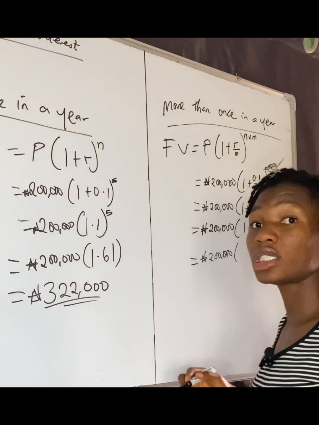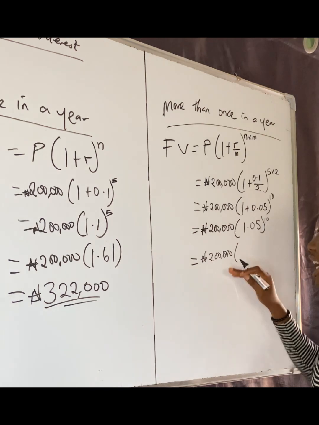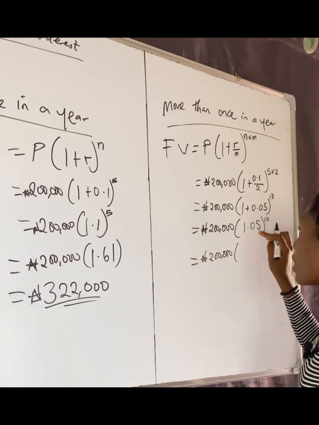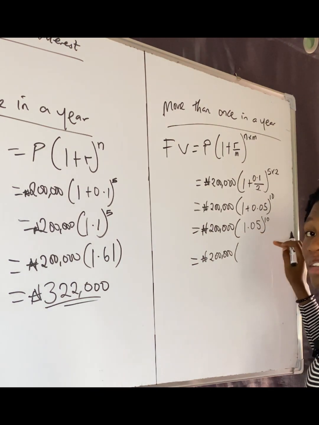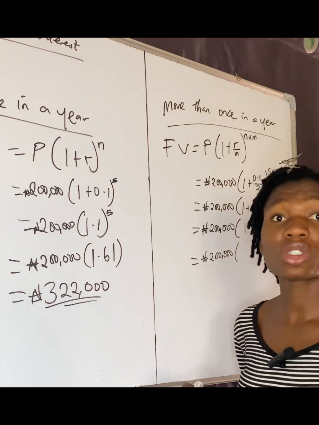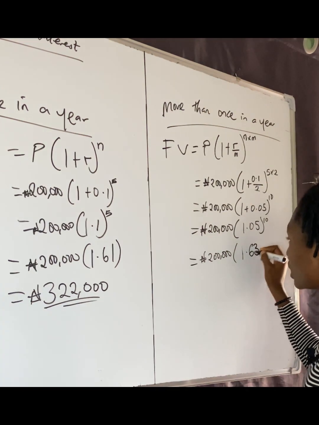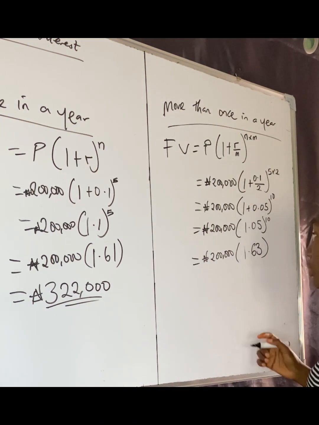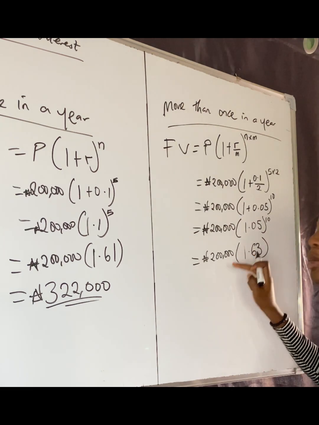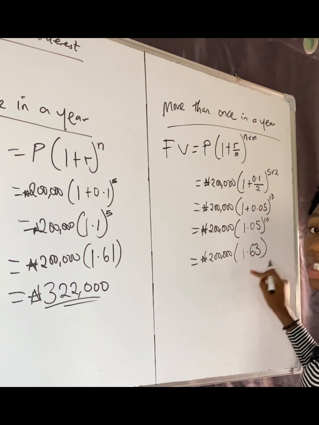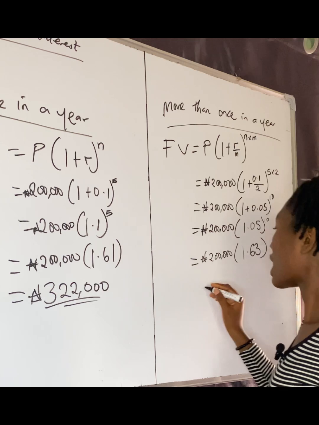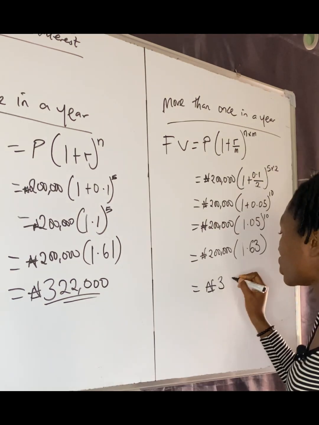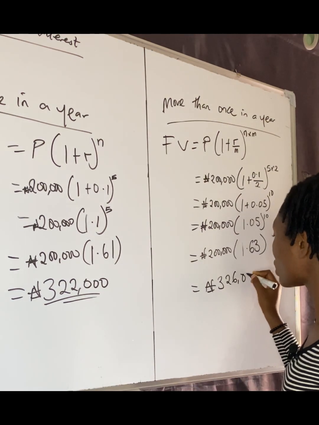On the next step, we have 200,000. Now we are having 1.05 raised to power 10, which gives us 1.63, approximately to 2 decimal places. So now we can multiply our principal by 1.63, and that will be giving us 326,000 naira.